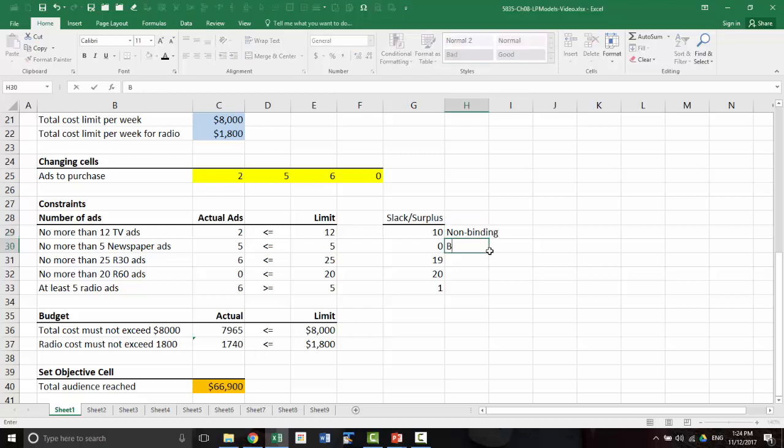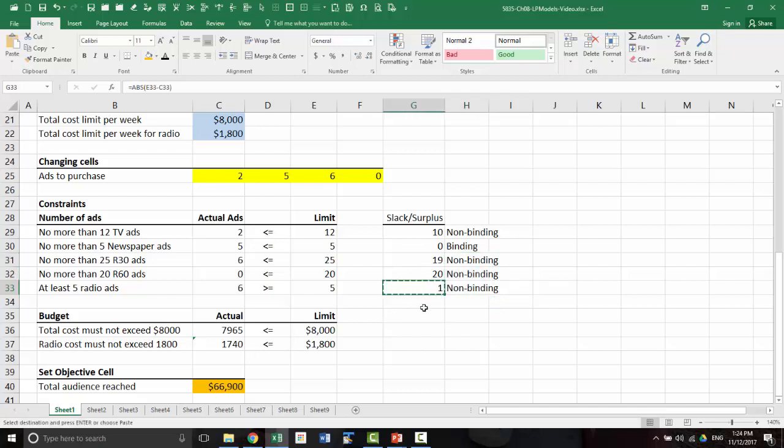Okay, the next one is binding because the slack is 0. The number of ads we are running is at the bound. And same here. Let's go ahead and copy the formula here, and these two constraints are also not binding.